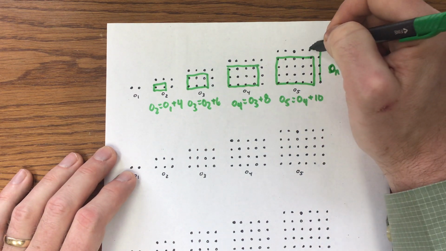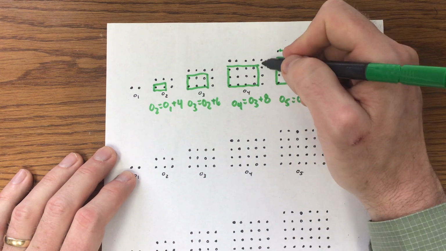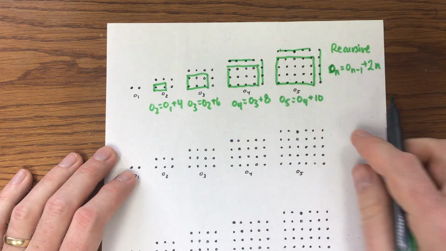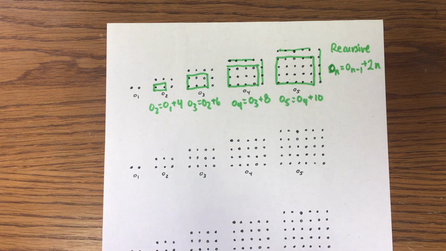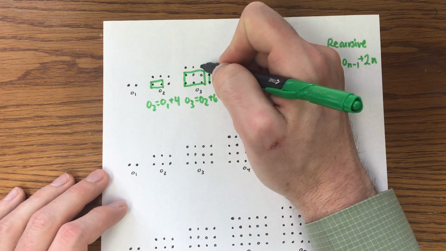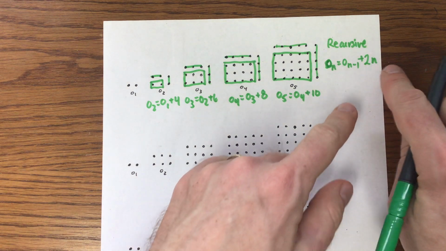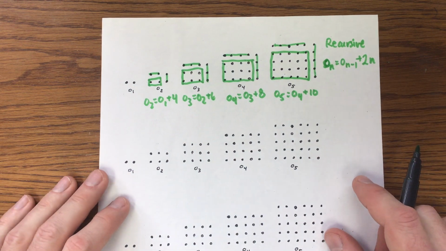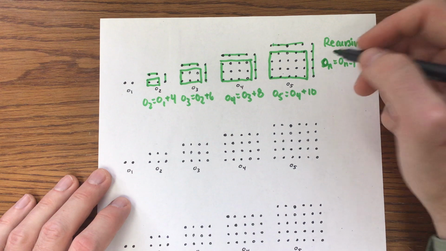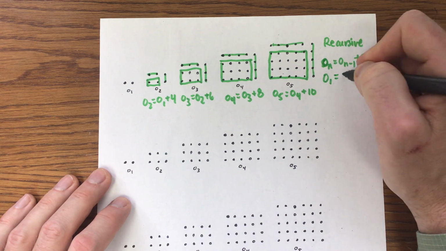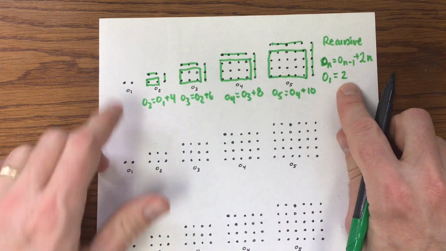There's a 5, and there's a 5. There's a 4, and there's a 4 in O4. This is why I really like the figurate numbers, because I can see where the formula comes from and then write it in an algebraic way. With the recursive formula, we also need to say where we're starting at, and the first oblong number is 2.